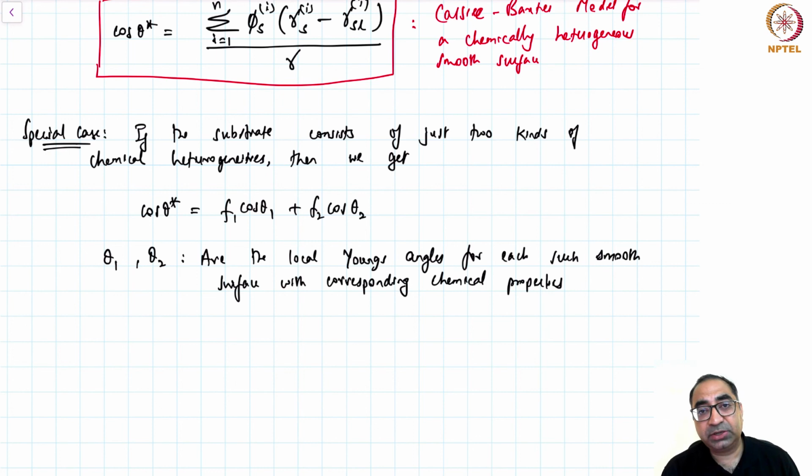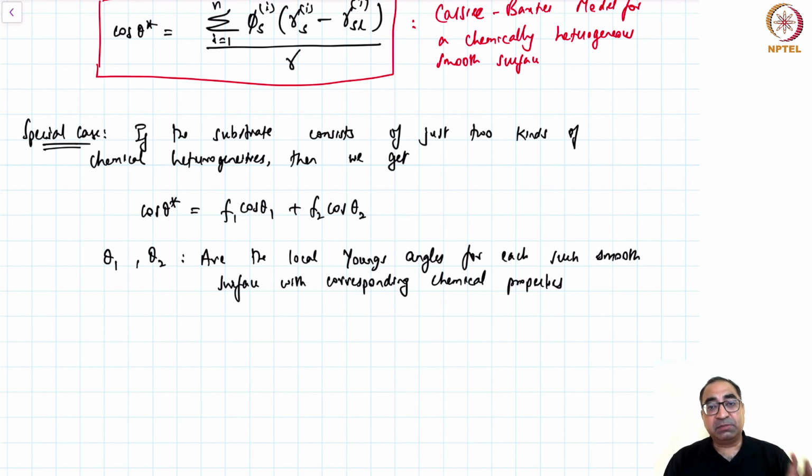This theta 1 and theta 2 would be the Young's angle that you would get if the entire surface was of only one heterogeneity, one surface chemical property. So for example, if you have an untreated glass plate, then the angle, let's say, is theta 2, and now you do some chemical treatment on the glass surface, then the angle is theta 1. Now you can have a combination where portions of the glass plate are treated and portions are not treated.